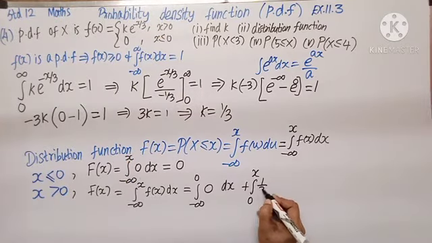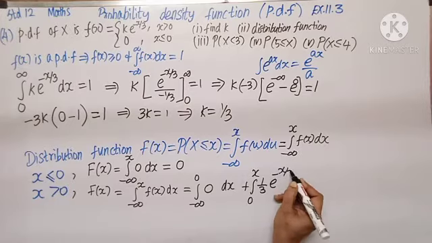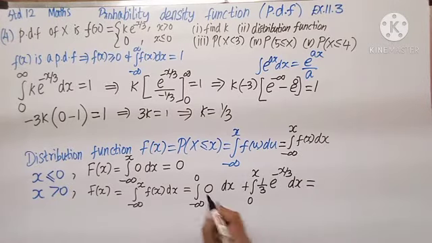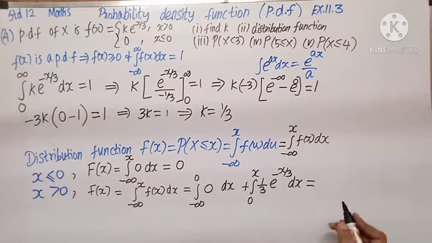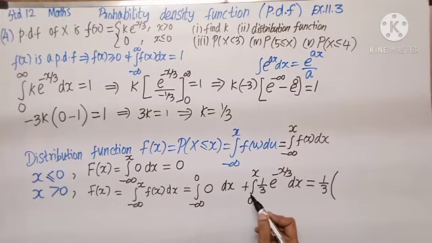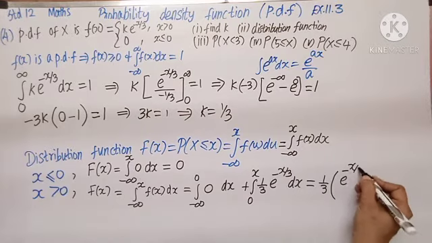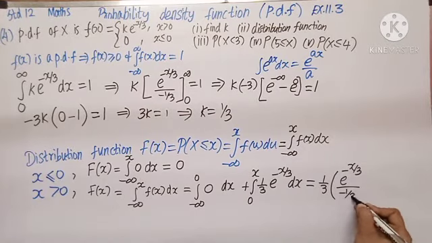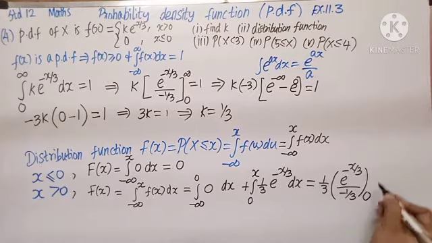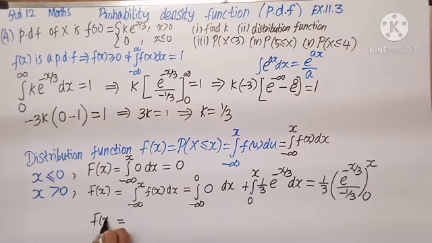It is 1 by 3 e power minus x by 3 dx. The integral of 0 is 0, forget it. Keep 1 by 3 as it is. What is the integral of e power minus x by 3? Applying the formula, e power minus x by 3 divided by minus 1 by 3 between the limits 0 to x. Or capital F of x equals, 1 by 3 cancels, minus e power minus x by 3.